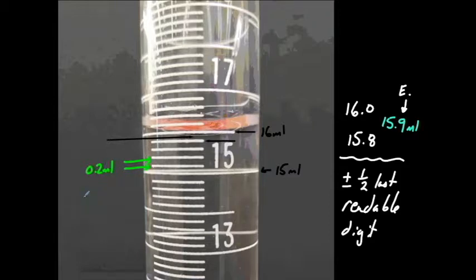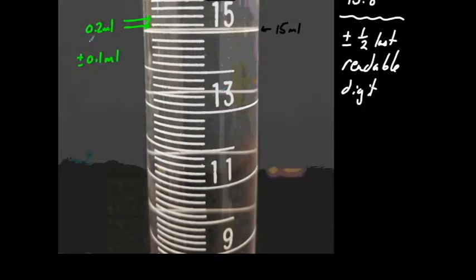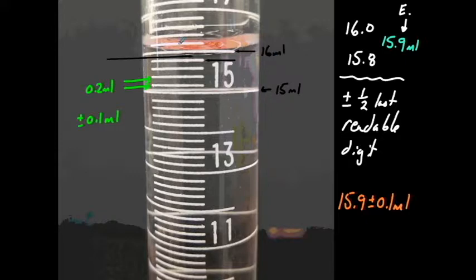So half our last readable digit will always be 0.1 mL, plus or minus 0.1 milliliter. So we're going to write this down as 15.9 plus or minus 0.1 milliliters. You see that agrees with exactly what we've read off here. 15.9 plus 0.1 is 16, and minus 0.1 is 15.8. So it's perfect, right? We're saying there's a range of values it could fall in. We've estimated that. We just know that it's somewhere within here.